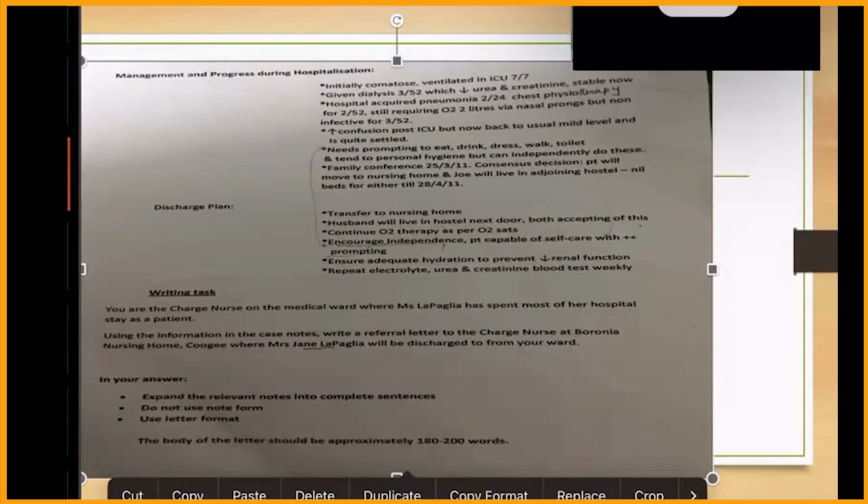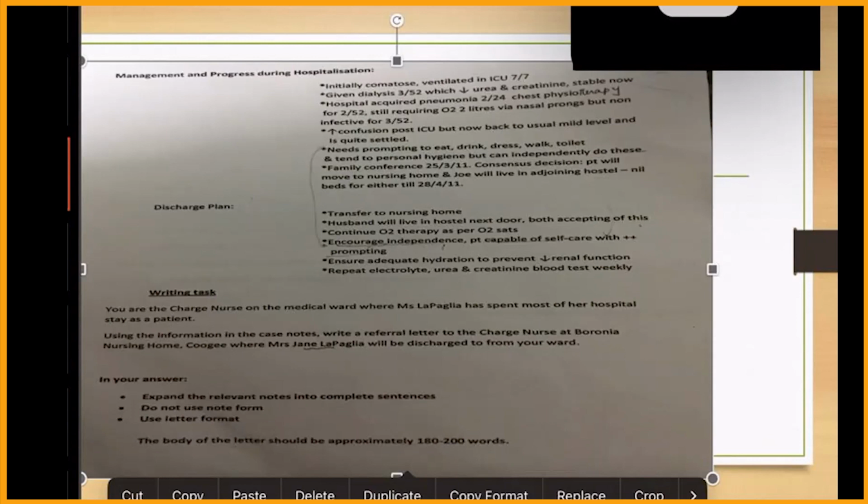So, because of all this, what happened? A family conference was held on 25/3/11, where a consensus, meaning a decision, was made by the family that the patient will move. It is future tense.